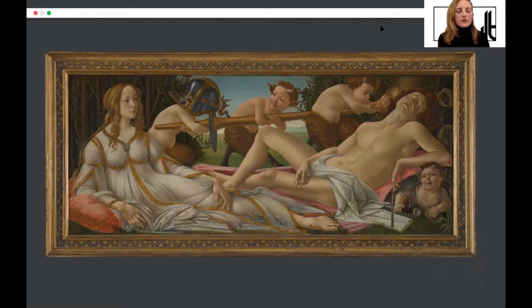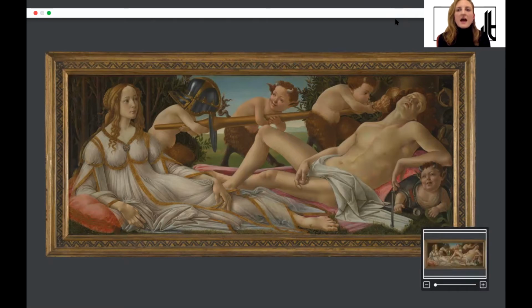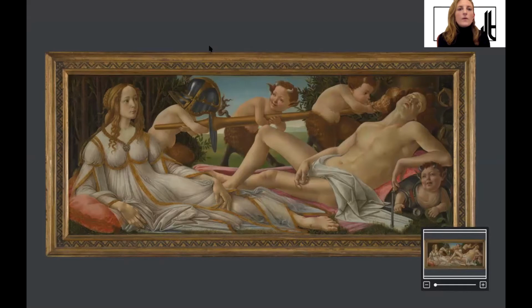However, it's often shown, particularly in the 16th century, that the moment of this passionate embrace is the moment that is depicted.